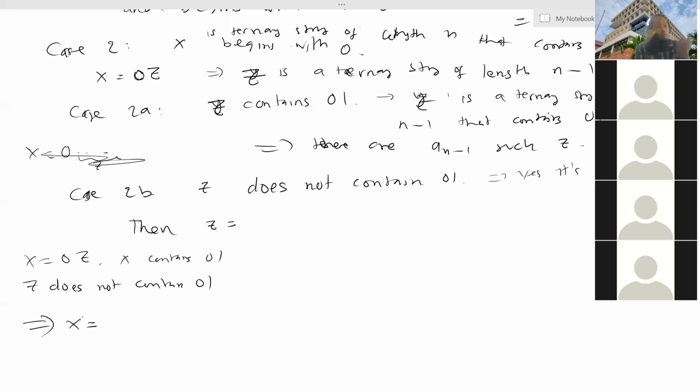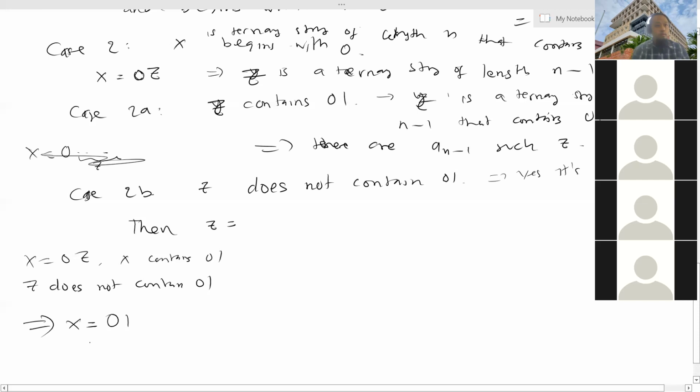So what can you conclude from there? X must be of the form 0 followed by 1. Why does it have to be 1, Matthew?